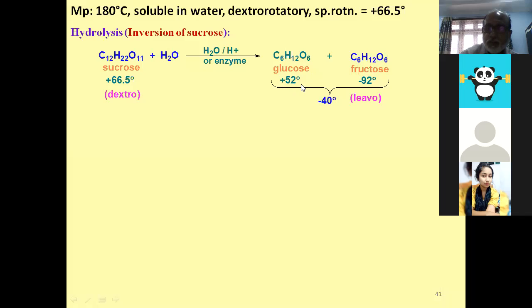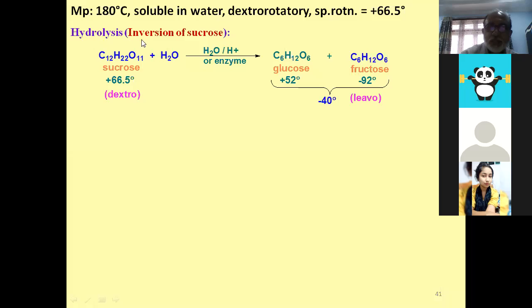Glucose is plus 52 degrees, but fructose is minus 92 degrees. It is laevorotatory. So what is the net specific rotation? It becomes minus 40, and when it is minus it means it is laevorotatory. So a dextrorotatory compound has become laevorotatory, and the process is hydrolysis.